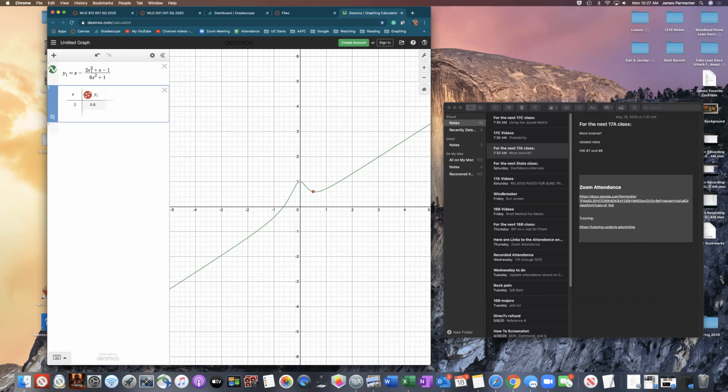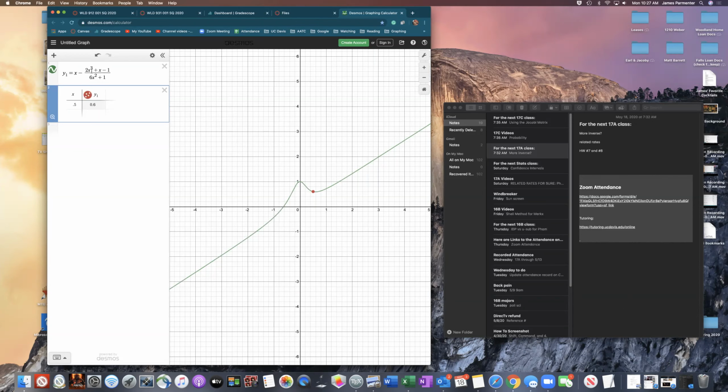So if I plug in 0.5, I'm going to get x1 equal to 0.5 minus 2 times 0.5 cubed plus 0.5 minus 1, all over 6 times 0.5 squared plus 1. And that should end up being about 0.6.